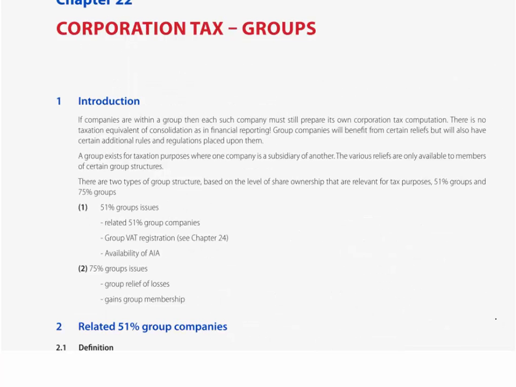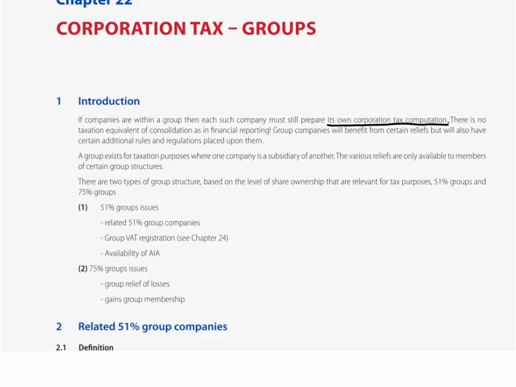Okay, so let's now eventually get into the object of this particular set of lectures, chapter 22, corporation tax and dealing with groups. First bit of news in the introduction is good news. If companies are within a group, then each such company must still prepare its own corporation tax computation.